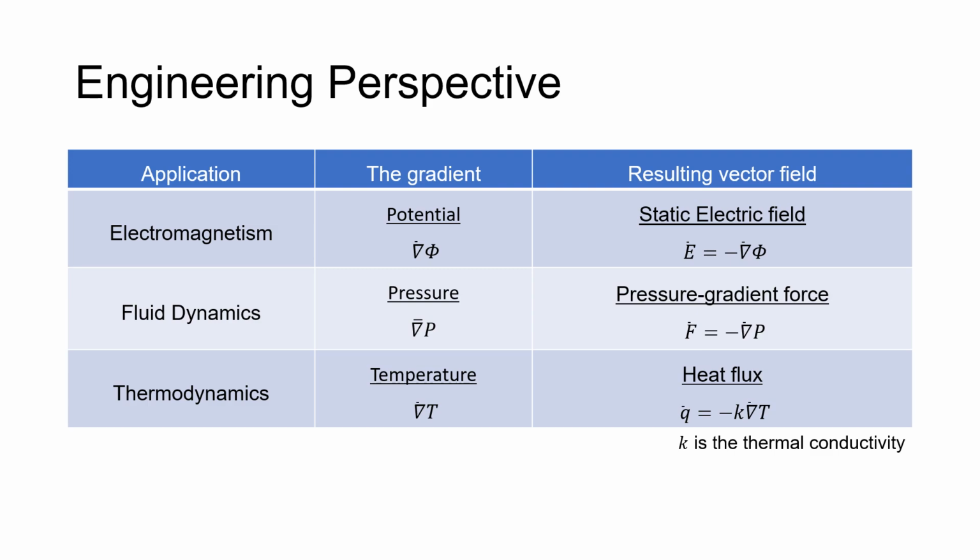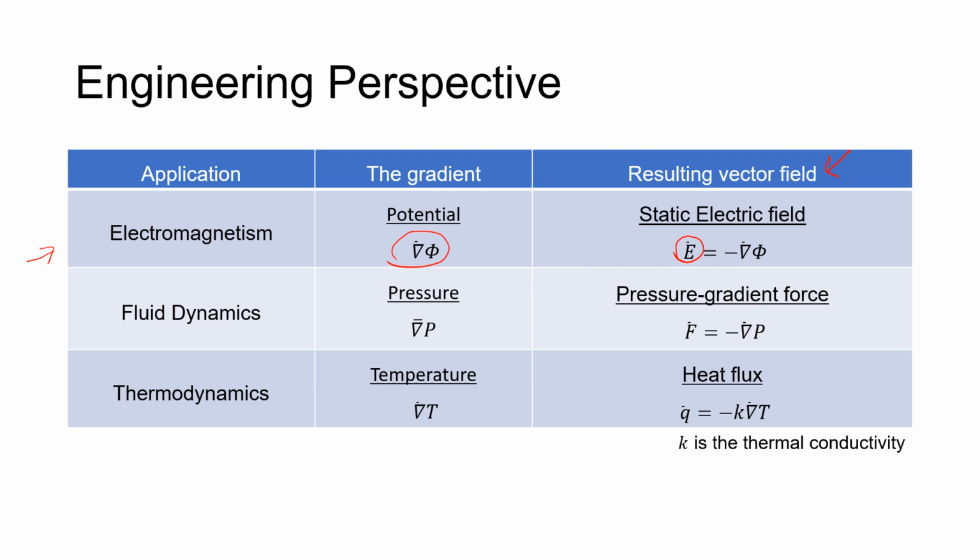From an engineering perspective, we have a lot of applications regardless of your field of study, such as in electromagnetics. We have the gradient of the potential, and this defines one important vector field, which is the electric field. The electric field is simply equal to minus gradient of phi.